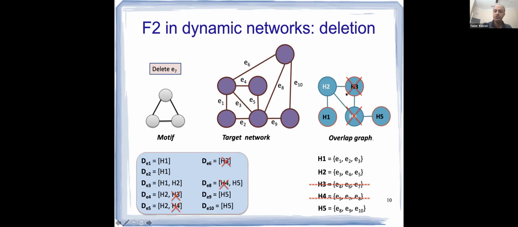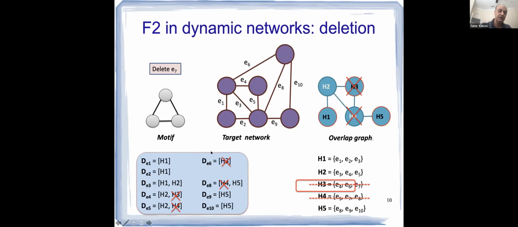But maybe I don't need to reduce the motif count by 1 because H3, when it was in the solution set, was adding a constraint that I cannot add any of its neighbors. So maybe one of its neighbors, which could not be in the result set before, now can be in the result set. So to find it out, I look at this. It says that if there's a solution that can be included in the result, then it should contain 4 or 6.